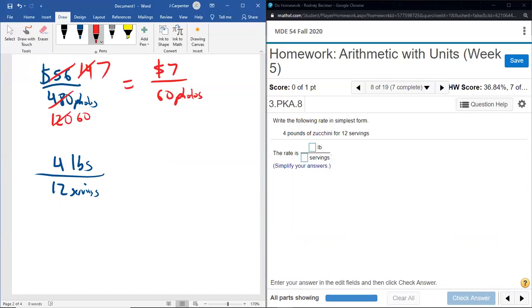So 4 does go into both of these. 4 goes into 4 once and into 12 3 times. But that says that the answer is 1 pound makes 3 servings. That's a lot of zucchini for 1 serving. So 1 pound would make 3 servings of this dish.